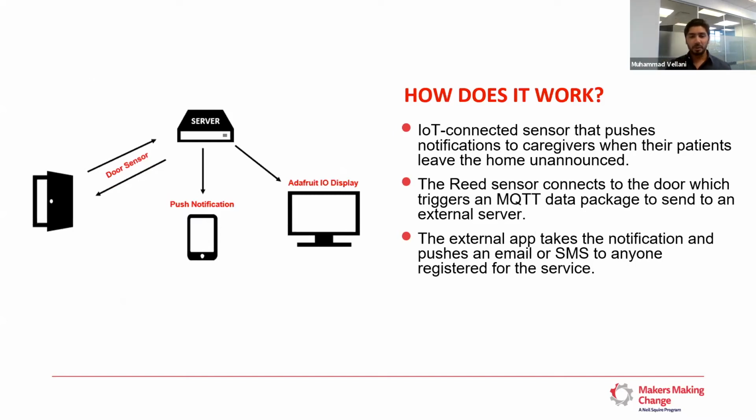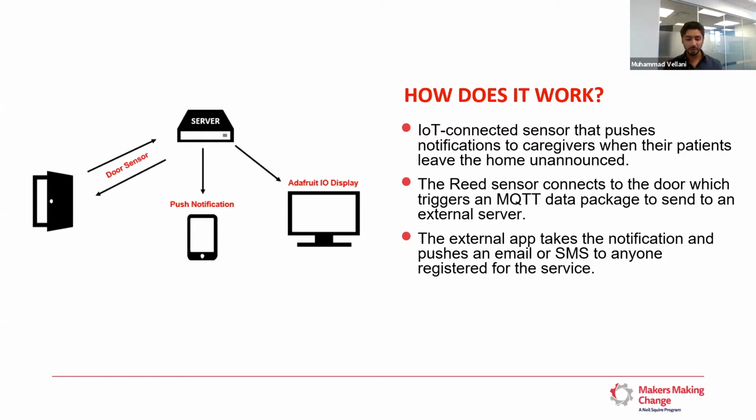Over here, we're going to talk about how the device actually works. There are three main parts of this device. One is connected to the door. That is going to be our notification sender. So this is a reed sensor, as I already told you about. This connects to the microcontroller. The microcontroller is a little bit special, it connects to the internet.